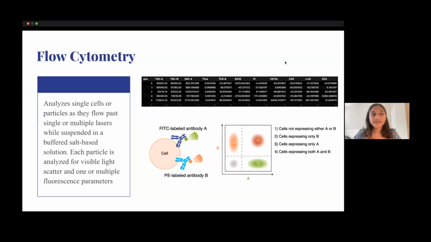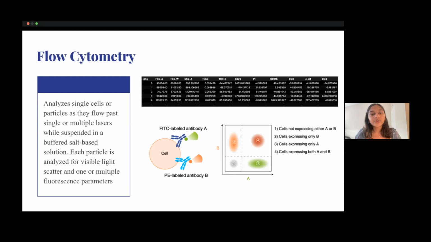visualization. So for the basics, flow cytometry is basically when single cells are passed through different lasers, and through that, we can analyze different characteristics about cell populations at a single cell resolution.